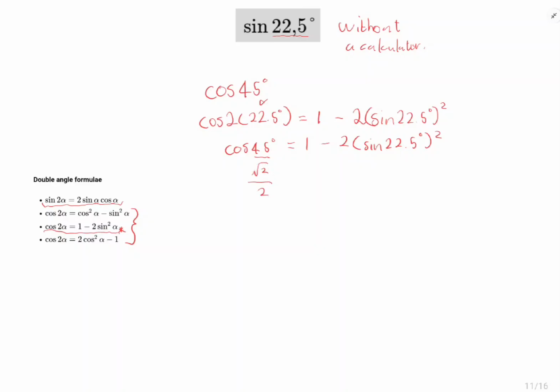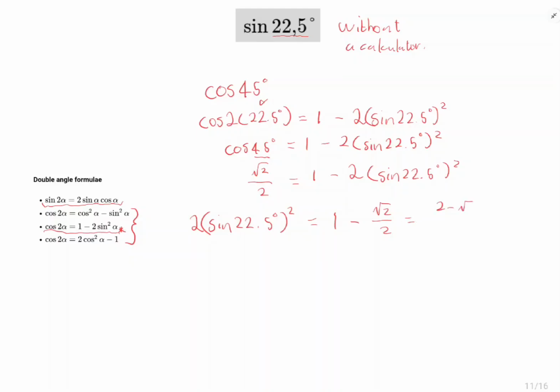We would have to know this, right? 45 degrees is a special angle. Okay, now it seems as if we are getting somewhere. We want to isolate this, right? So let us take this whole thing to the other side and this to the other side. So it's going to be 2 sine squared 22.5 degrees is equal to 1 minus square root of 2 divided by 2. Let us simplify over here first.